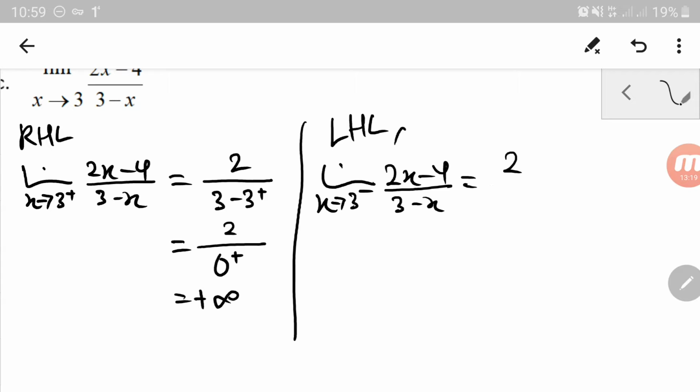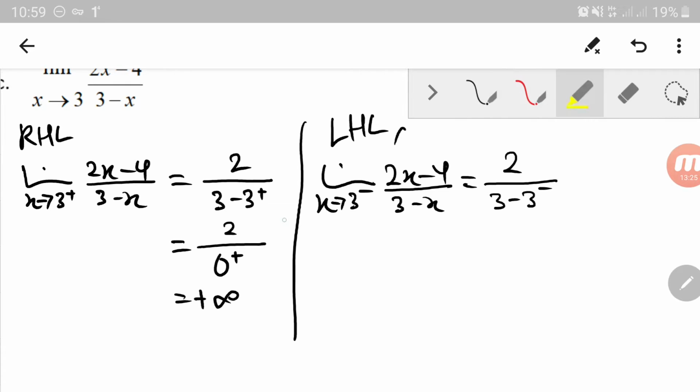Okay, and then we substitute 3 minus 3 from the left. Wait, oh, I made a mistake.